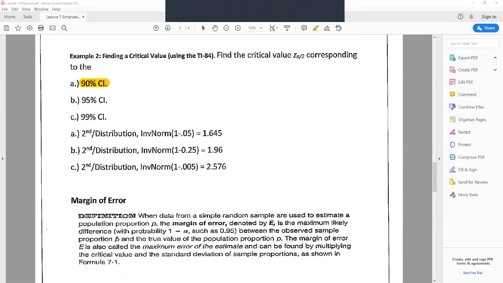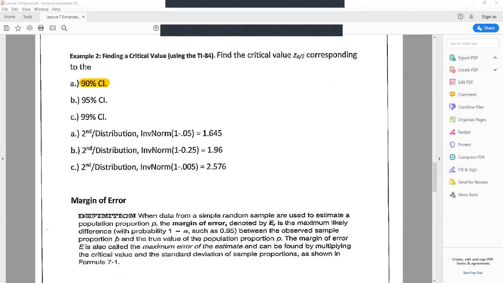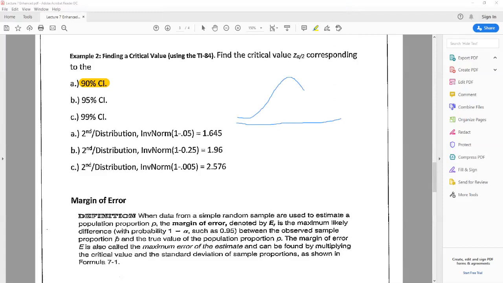If I have a bell curve like this and a 90% confidence interval, here are the tails. If it's 90%, then that means that the area here in the mid region is 0.90. Well, that means I have 10% left over, which makes each tail 0.05.